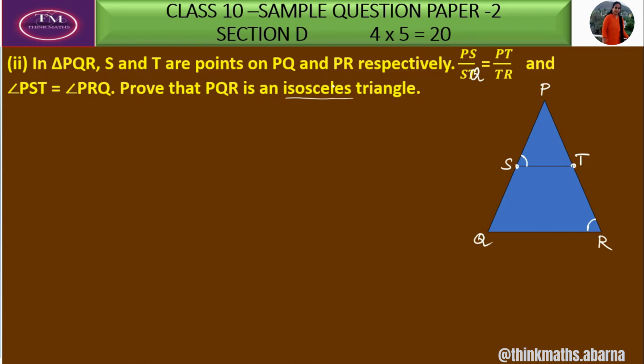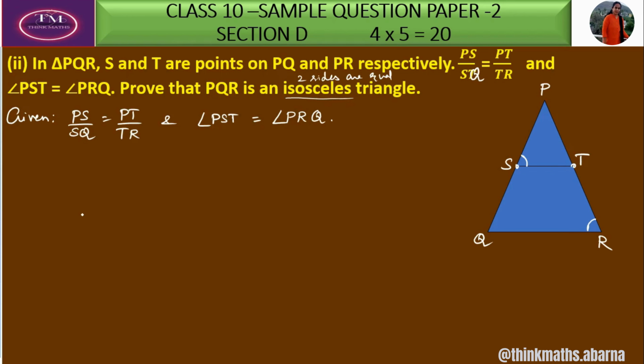So what do you mean by isosceles triangle? Two sides are equal. We have to prove two sides are equal. So if we prove that, we can say PQR is an isosceles triangle. So what is given here? It is given PS by SQ equal to PT by TR and angle PST is equal to angle PRQ.